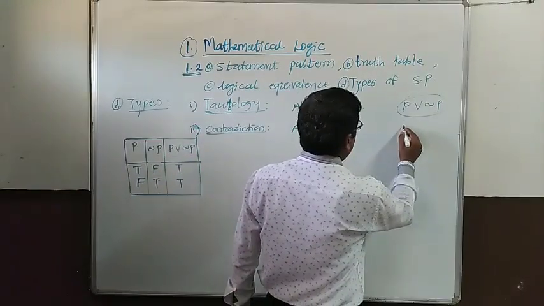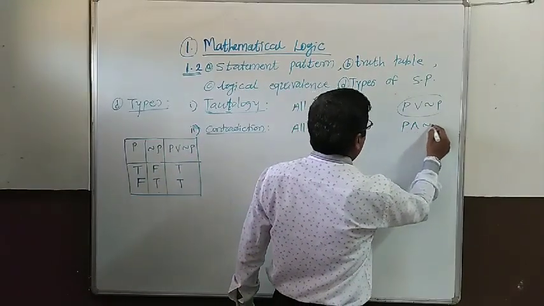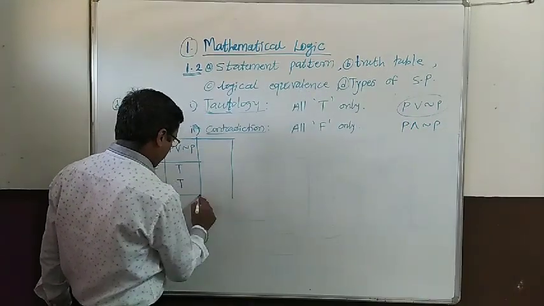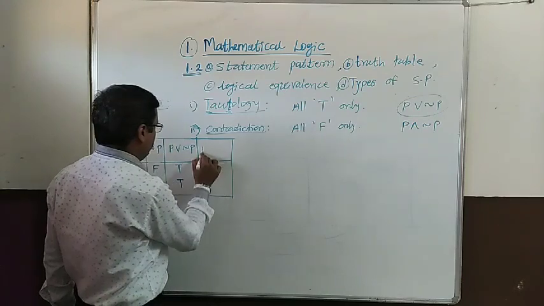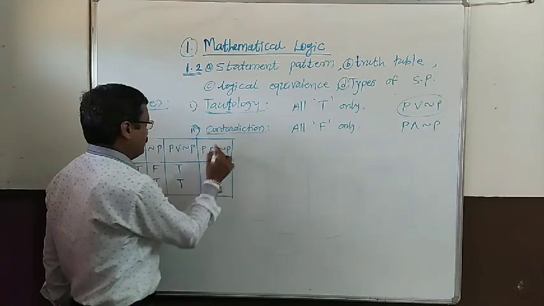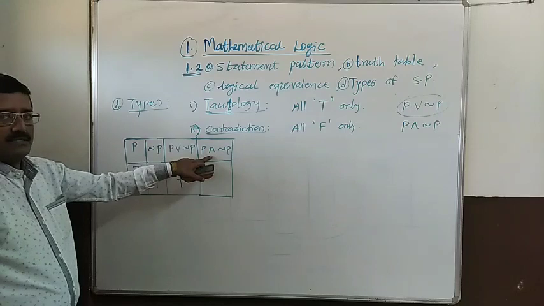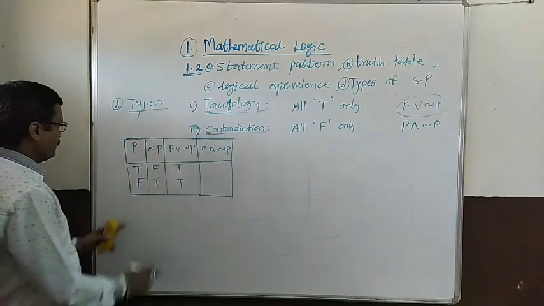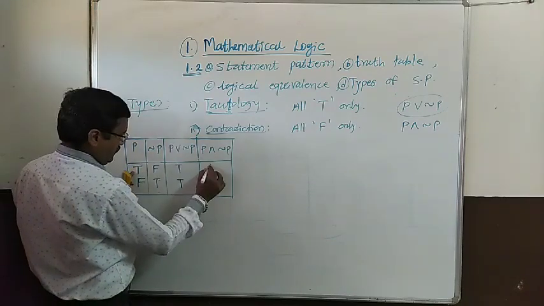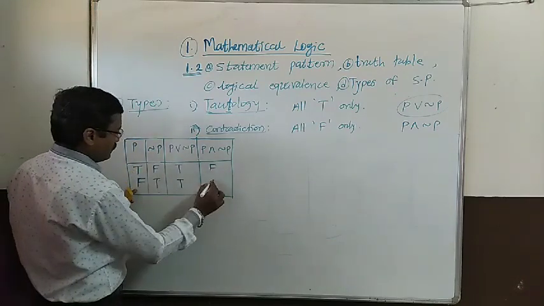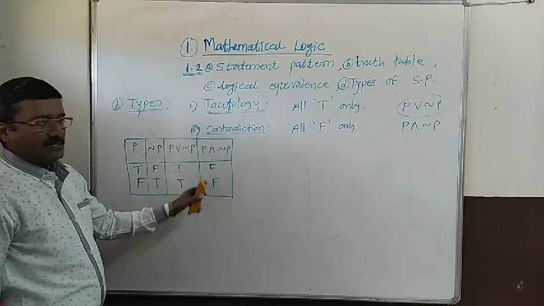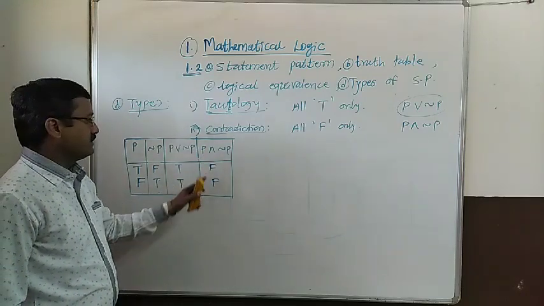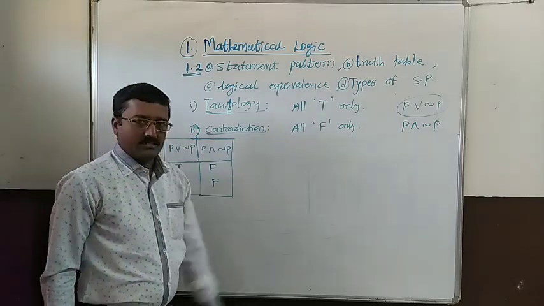The example for this is p and negation p. Let us prepare the table for that. P and negation of p. You have to take here the conjunction of these two columns. Conjunction means we will find F, whether F is there or not. Yes, here is one F, so conjunction is F. Here is one F, so conjunction is F. So both the truth values are F. So this statement pattern or compound statement is a contradiction.